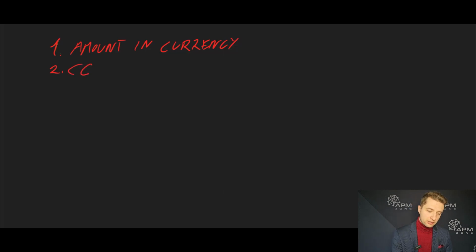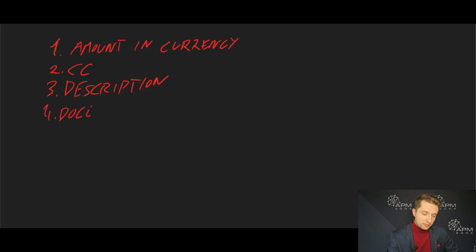Then the cost center, so we know where the cost has been assigned or to whom it has been assigned. The description. So what has been purchased? What is behind the line item, name of the product, the description from the invoice, stuff like that.